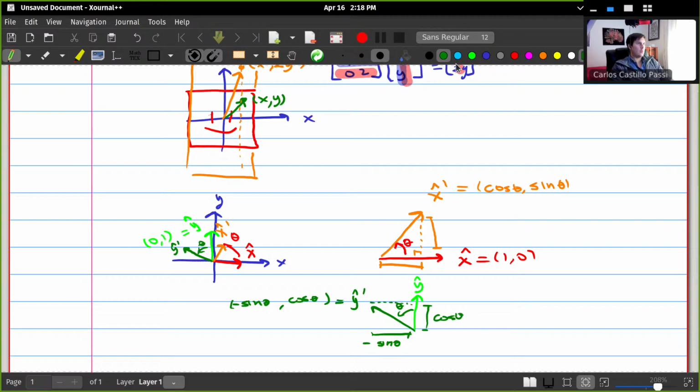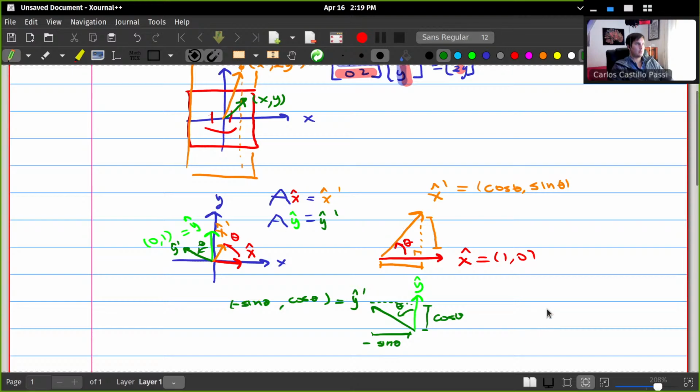Okay, so why am I doing this? Because we know that the rotation can be represented as a matrix. Also, we know that if we put the vector x hat to this matrix, it will give us x hat prime, and we have also that a dot product with y hat is equal to y hat prime.